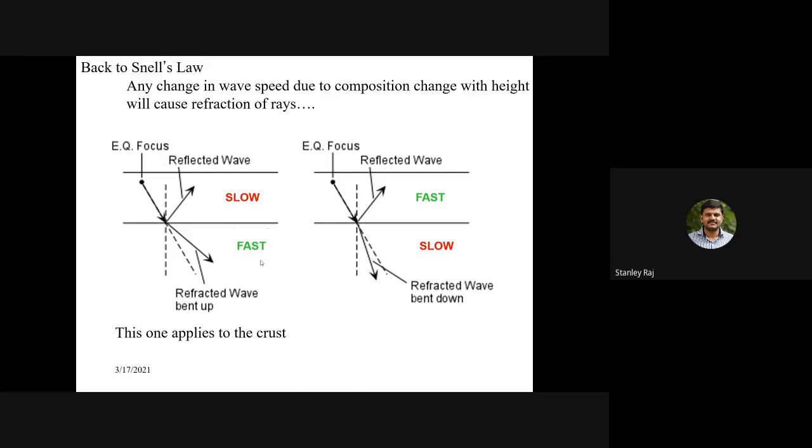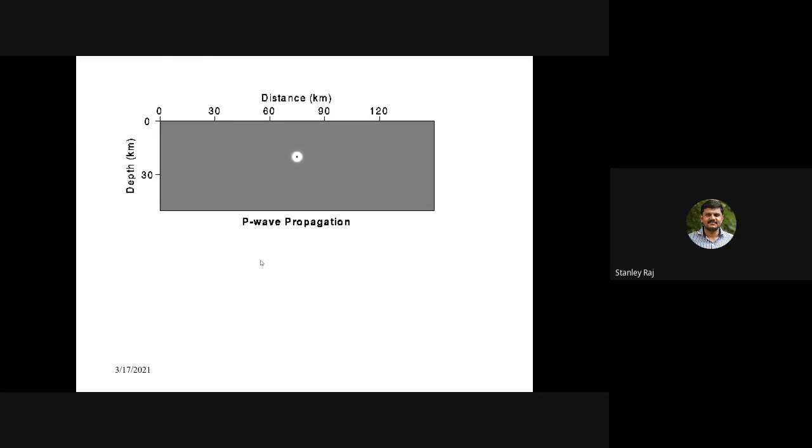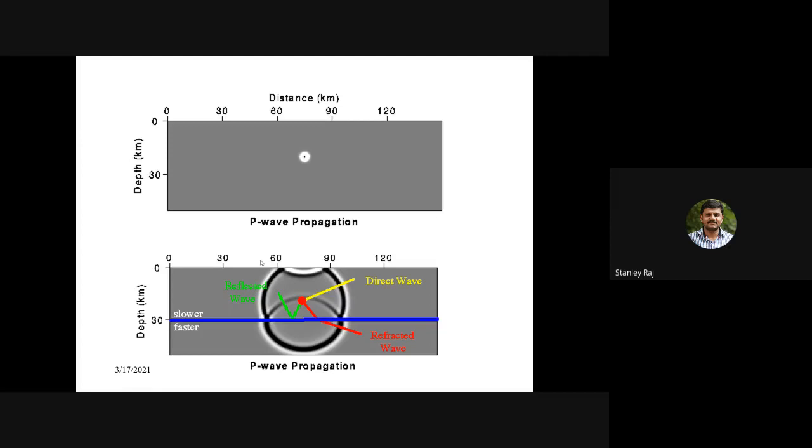What is reflection and refraction? Reflection: if there is an incident ray, it will bounce back. That is, it reflects back. Refraction: when it moves from one medium to another, it travels in a different path. We call it refraction. For example, P wave propagation is like this. In two dimensions, the P wave propagates, refracts and reflects on the surface like this.